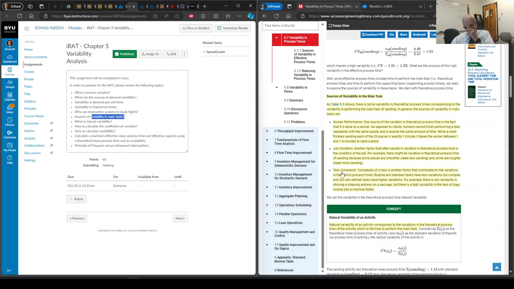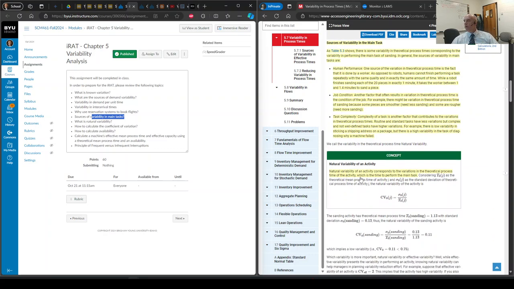The next question is, what is natural variability? Natural variability of an activity corresponds to the variations in the theoretical process time of the activity, which is the time to perform the main task. So these are the embedded or included variation that happens just in the main task, this natural variation.